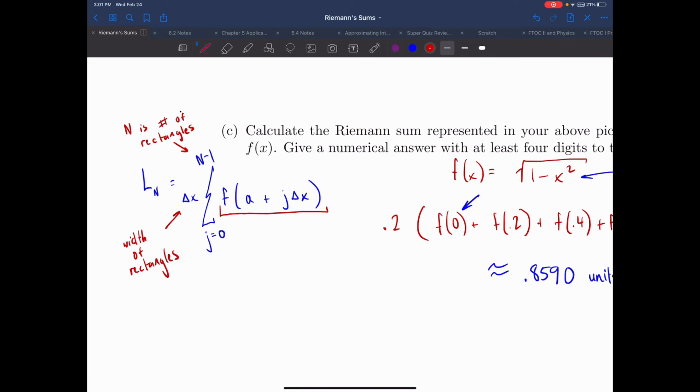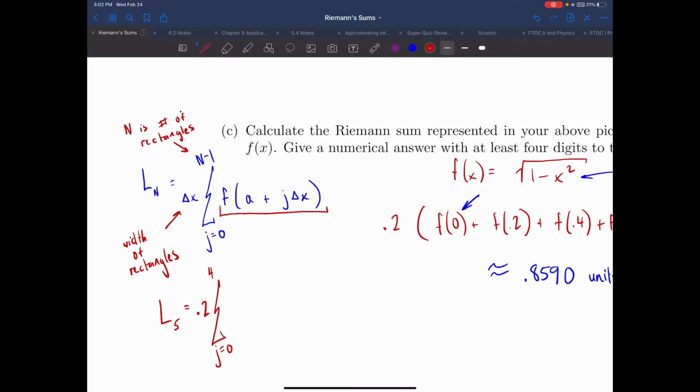So what I'm going to do is I'll write out the left-hand sum for this function. So this one would be L5, because we're using 5 rectangles. And this is what it'll look like. Delta x in our case is 0.2. J goes from 0 to 5 minus 1, so this would be 4. And let's see here. Then we just plug in a plus j delta x.